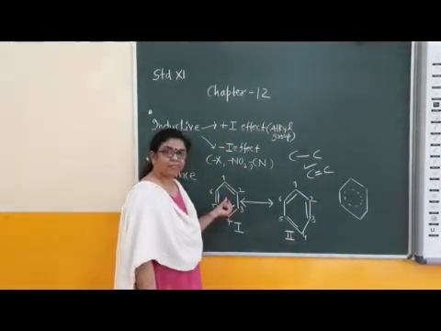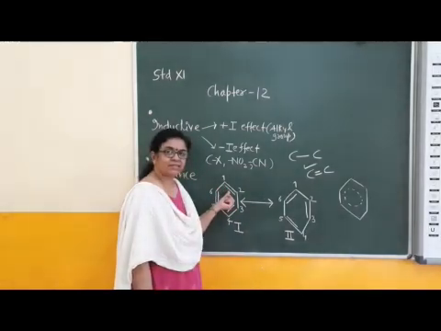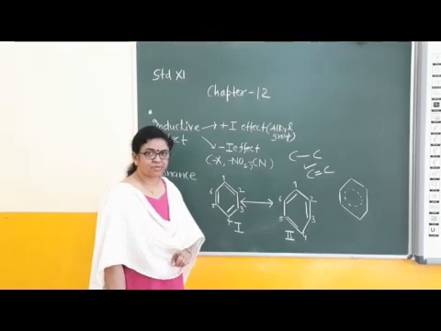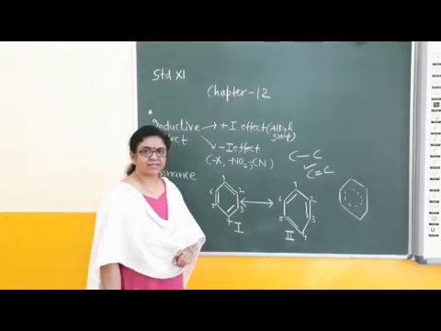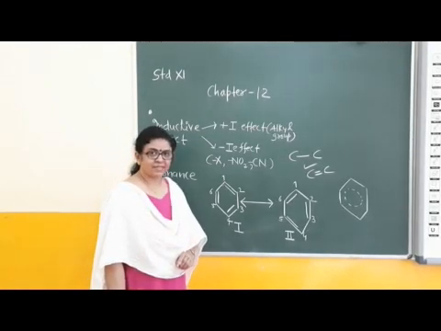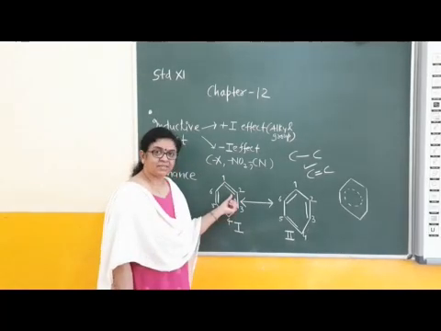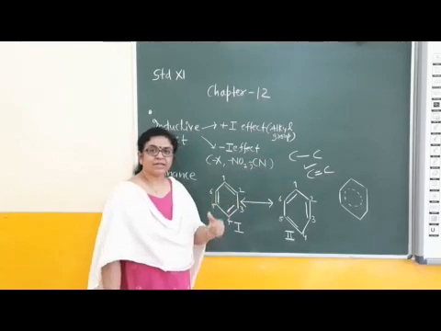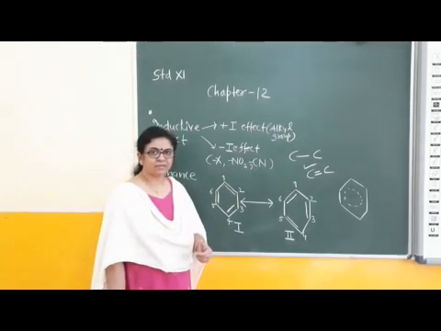But in the case of benzene, neither double bond character nor single bond character, but an intermediate bond length is observed by X-ray diffraction technique. Right? And the intermediate bond length between single bond and double bond is 139 picometer.